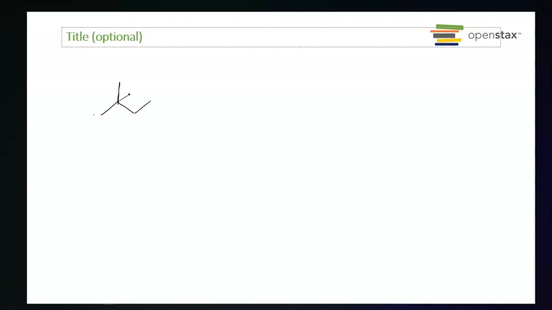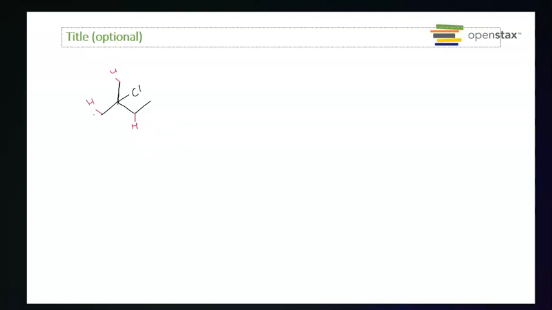A tertiary alkyl halide. And let me draw the beta hydrogen atoms. So this is my beta hydrogen atom. I have a beta hydrogen atom here and a beta hydrogen atom here, which is kind of the same, right?